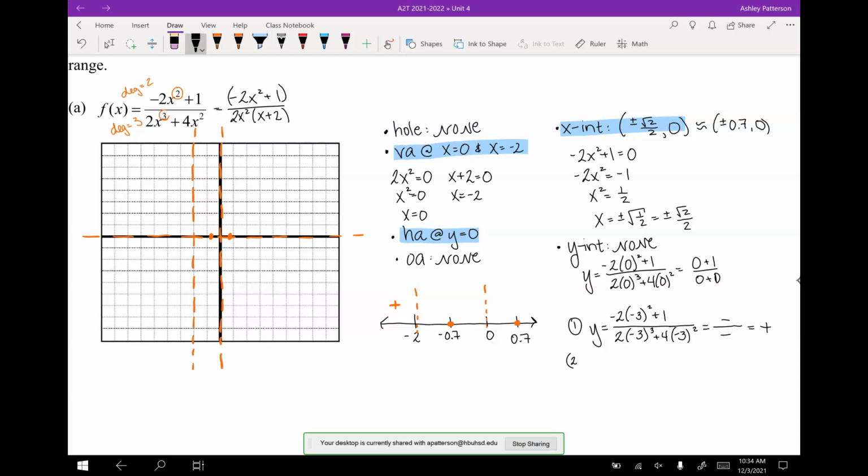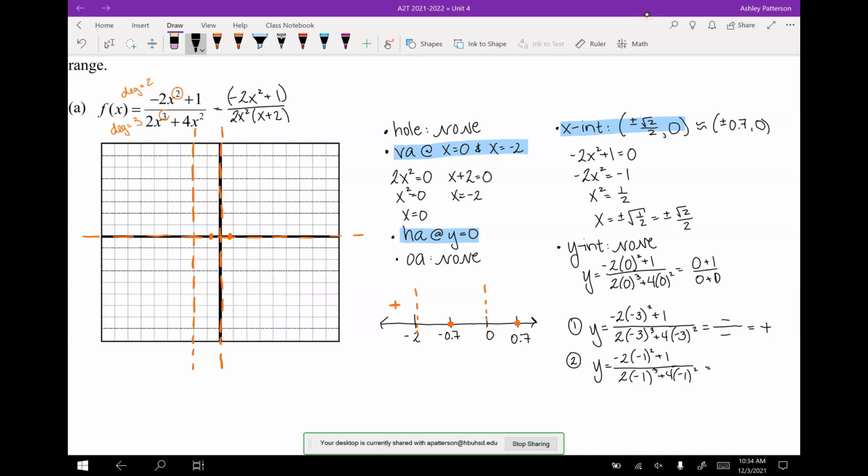Okay, so for that second region, we have y is equal to -2 times -1 squared plus 1 over 2 times -1 cubed plus 4 times -1 squared. In the numerator, are we going to have a positive or a negative number?